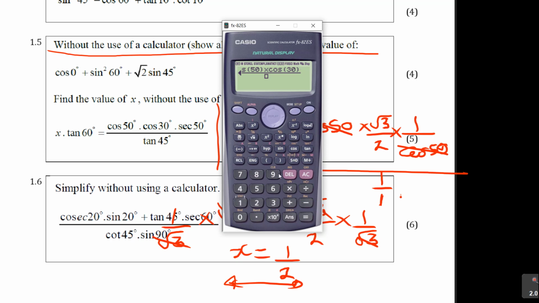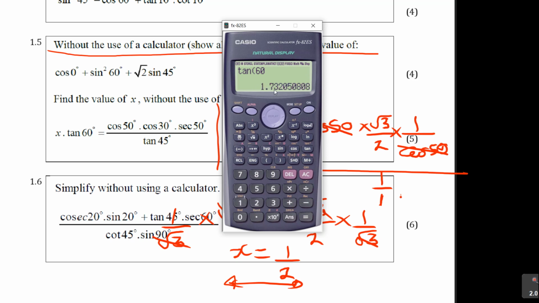Remember, we said sec is bracket 1 over cos 50. We do that, alright, all over 1045. Then you close that, equal to, okay, 0.8660. Look at this number, 0.8660. What about 1060? It will also give you the same thing.